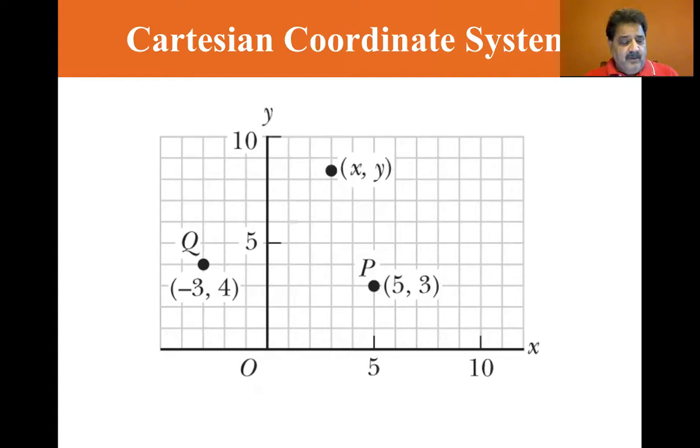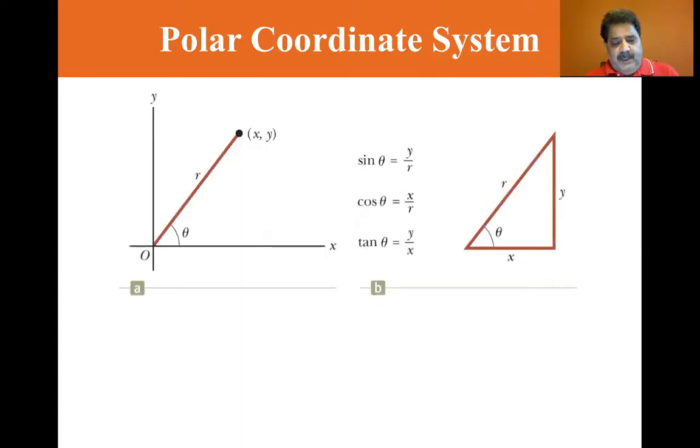It's a rectangular coordinate system, but there are also polar coordinate systems. If you look at figure A on the left, there is an XY at the top, but you can also define it by an R, a radius from the origin, and an angle that the R is rotated.